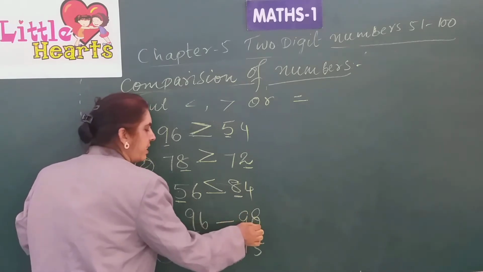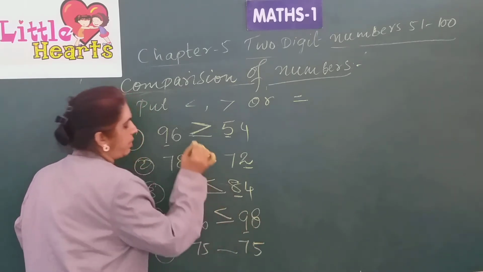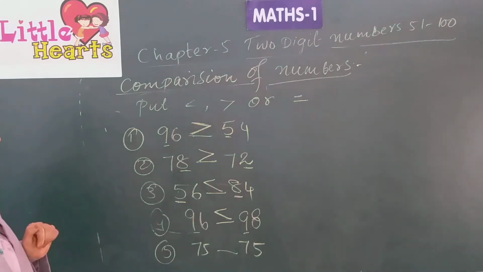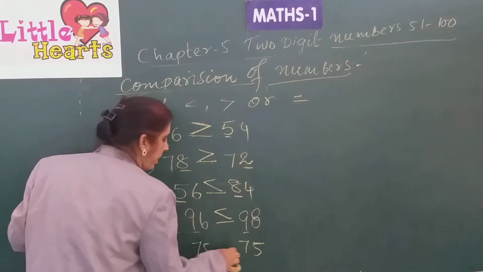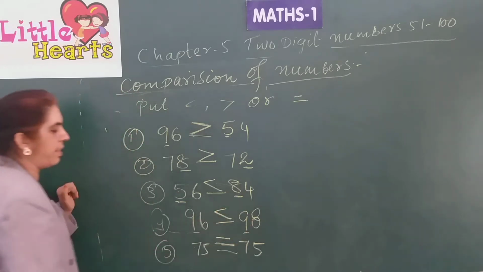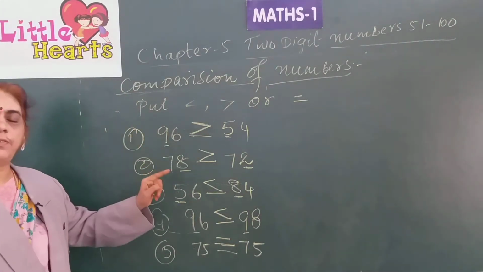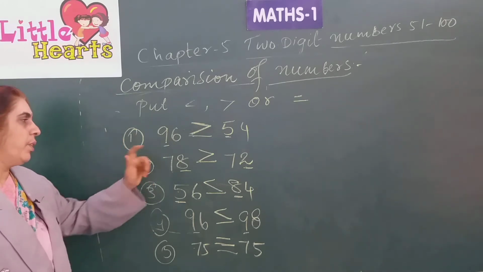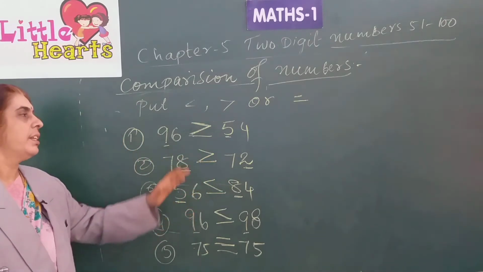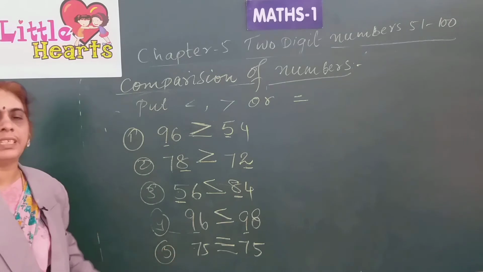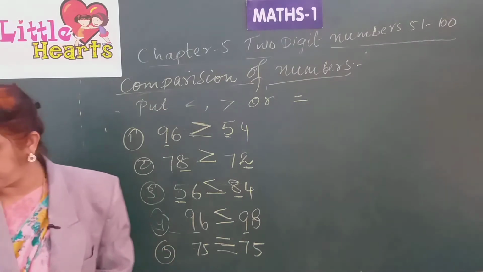Now 6 is less than 8. So 96 is less than 98. 75, 75. Both the numbers are equal here, so equal to. So check the tens place digit first. If they are the same, go with the ones place digit. Then you can easily put the symbols less than or greater than.